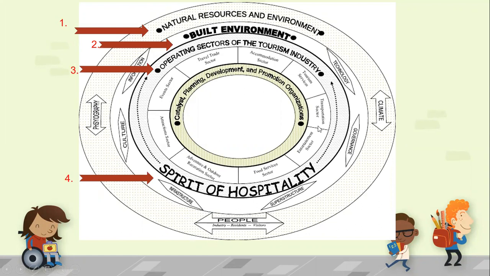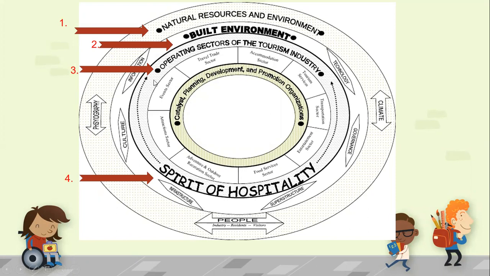Now, let's understand this picture more clearly. So, in the outer phase, you can see the first component of supply side is natural resources. So, natural resources will mean the physiography, the climate, the natural environment, the people of a certain place. Then, when we are talking about the built environment, it means all the environment that is made by humans, all the infrastructure and superstructure that humans have developed for the purpose of tourism.